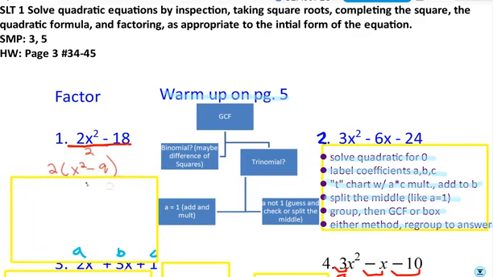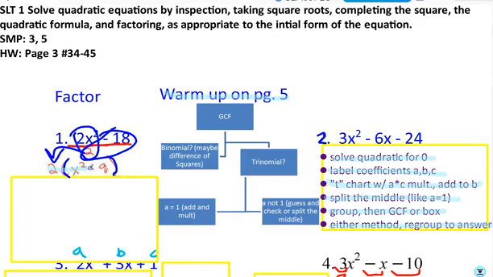Remember, when you do each division, 2x squared divided by 2 and negative 18 divided by 2, you put the answer to the division in your parentheses and what you're dividing by on the outside. That is so important.